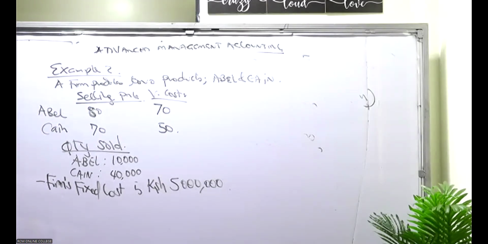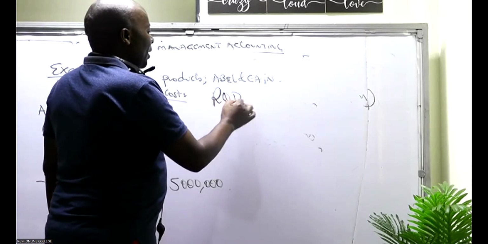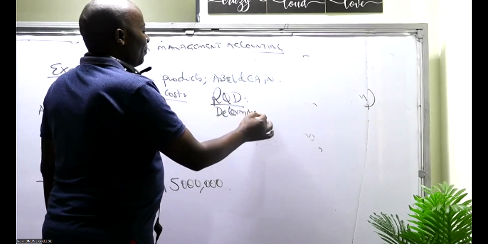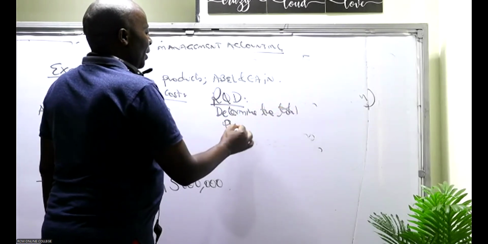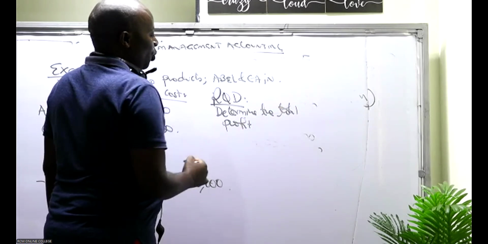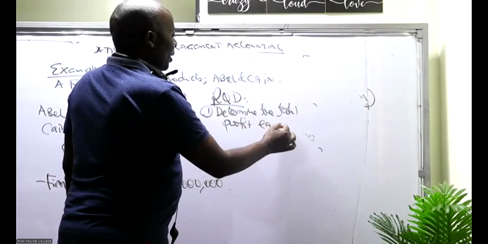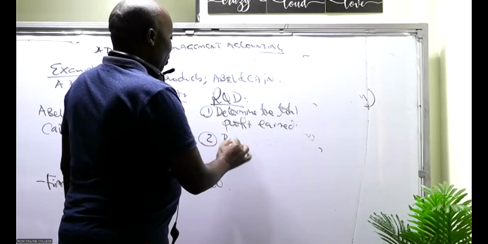So we are required to determine the total profit earned. It's number 1, for profit earned.